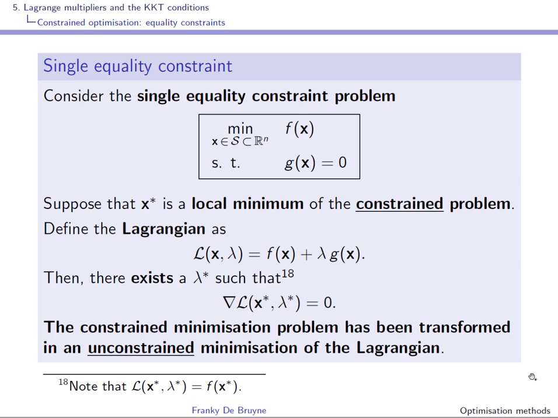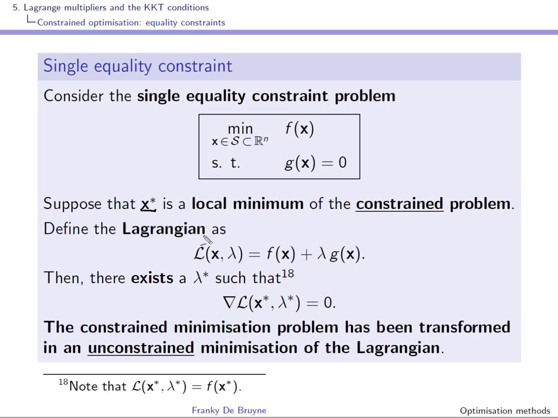We now arrive at a very important result, which is at the basis of the Lagrange multiplier method, and it is for problems where you minimize an objective function f(x) subject to a single equality constraint g(x) = 0. We'll assume here that x star is a local minimum of this constraint problem.